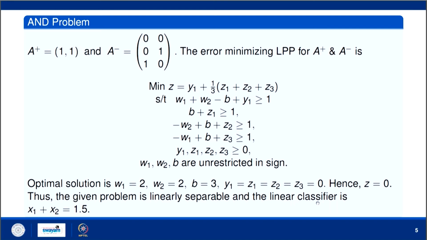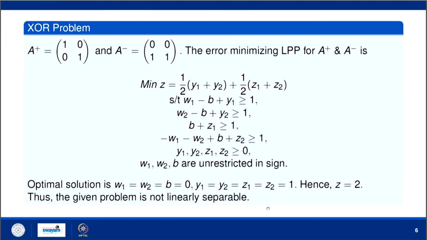And what is the linear classifier? The linear classifier will be W1 x1 plus W2 x2 equal to B. W1 is 2, W2 is 2 and B is 3. So, x1 plus x2 equal to 1.5 is a classifier.